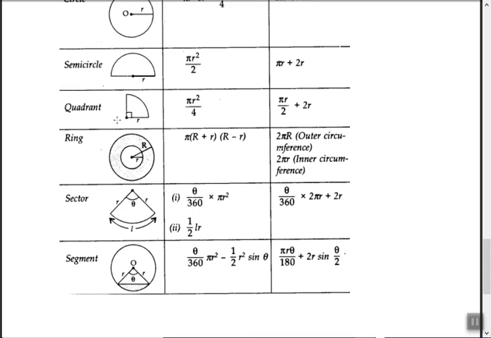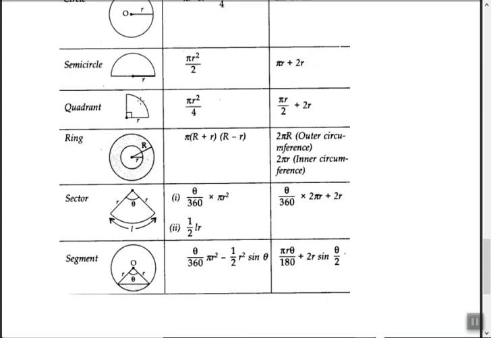Quadrant means 1/4, so again half of this. Pi r square upon 2, it was semi, so quadrant is pi r square upon 4. This is pi r plus 2r upon 2, so pi r upon 2 plus 2r means what? What is this 2r again? See here, in this case, don't take this 2r now, this is quite jumbling part.